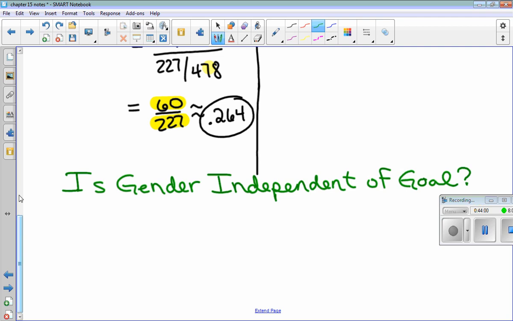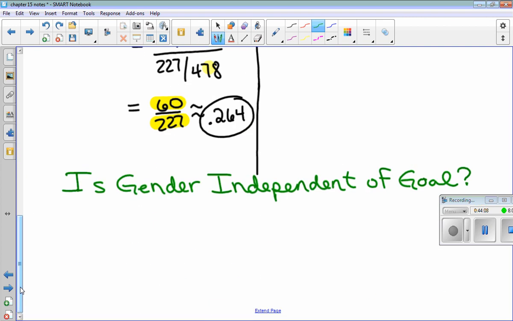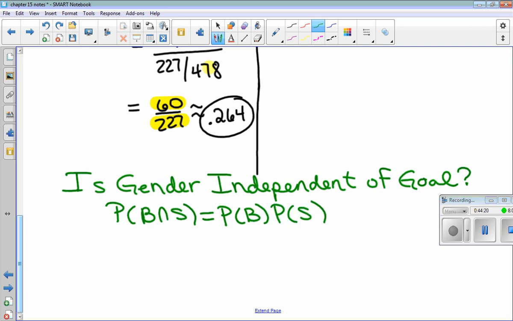Since we're dealing with sports and boys here, we can use that since we have a lot of the information already. If they're independent, you have to show that the probability of boys and sports is equal to the probability of boys times the probability of sports. If that is true, then they're independent.